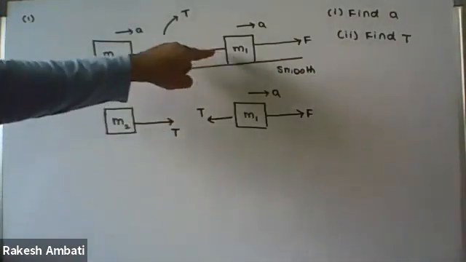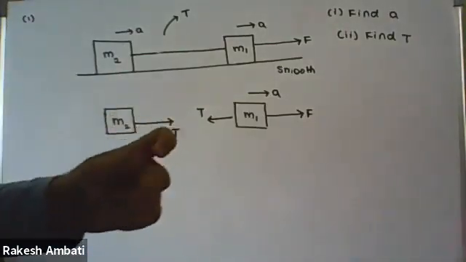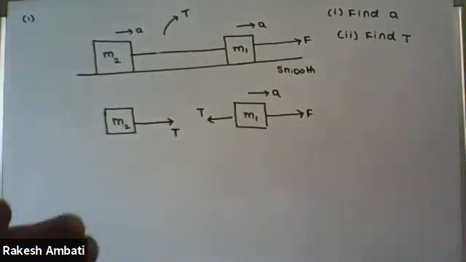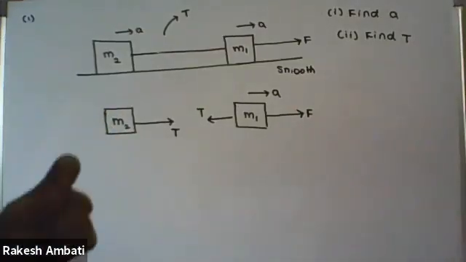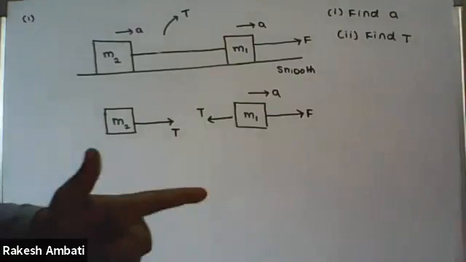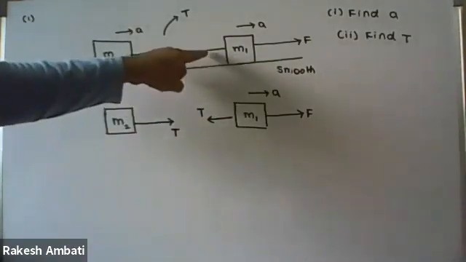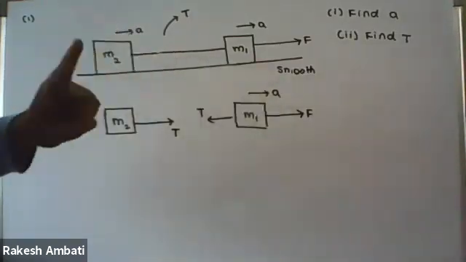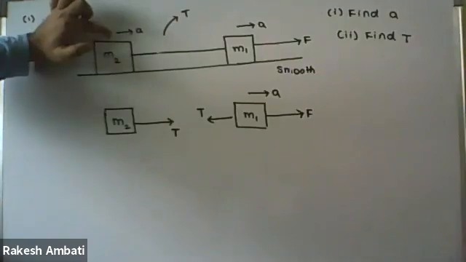But one of the characteristics of an ideal string is that it never elongates and never compresses. That means the tension force at all points along the string is the same. Then for M2, what is the direction of motion?